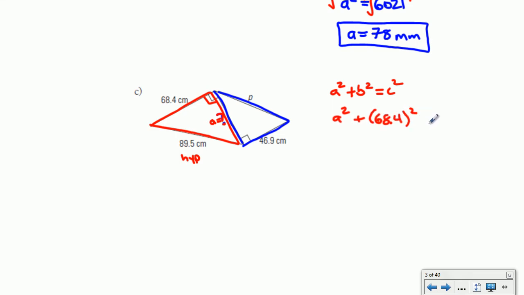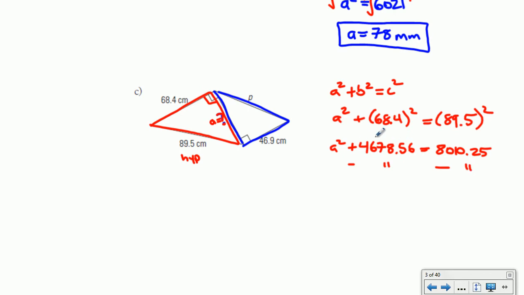68.4 squared is that, and 89.5 squared is that. So a squared, okay. We want to get a on its own, so subtract this from both sides.